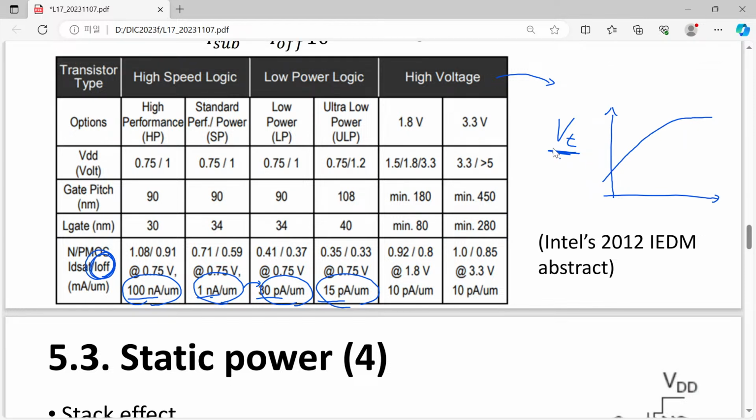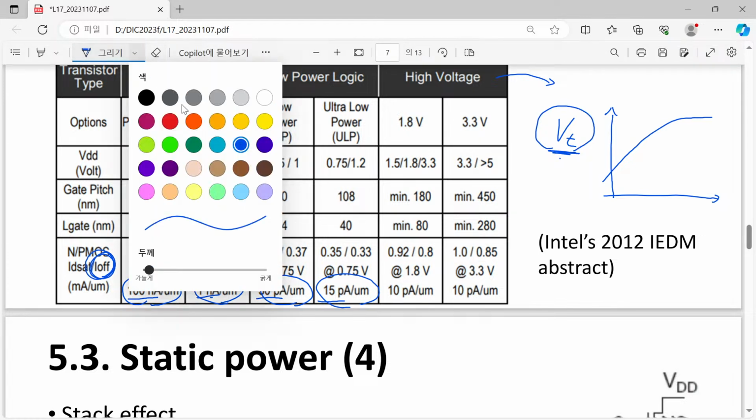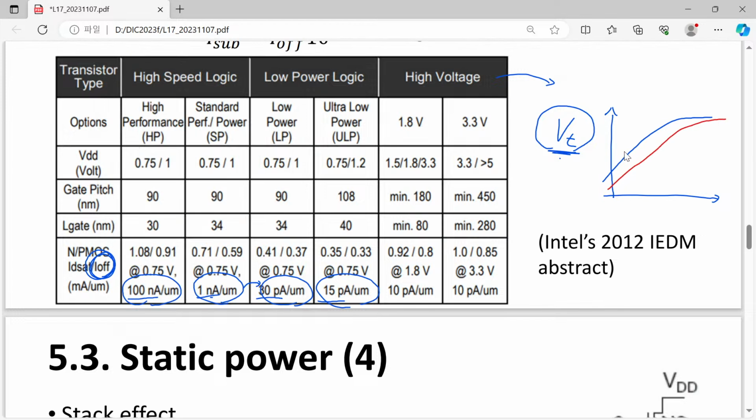However, by just changing their threshold voltage, the engineers can shift the curve this way or that way. Then what will happen?